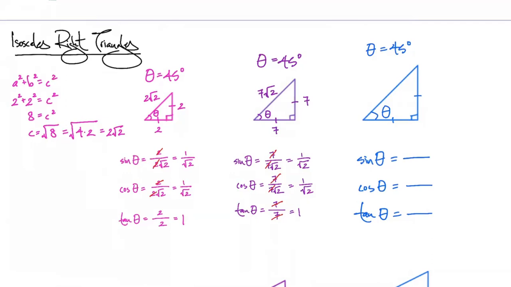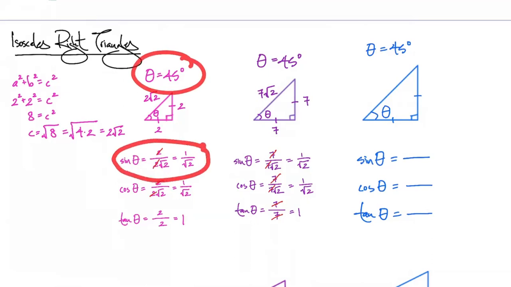Okay. If I have a 45-degree angle, the sine of a 45-degree angle is 1/√2.